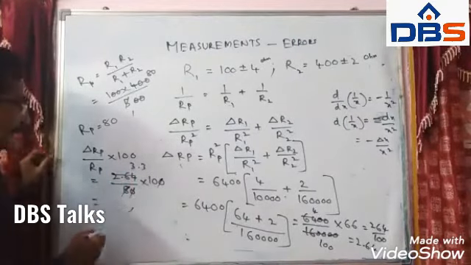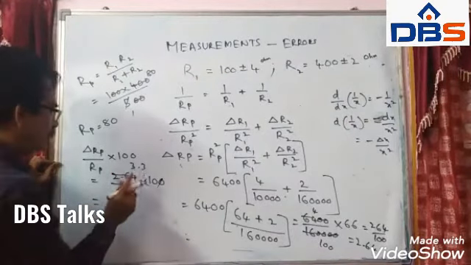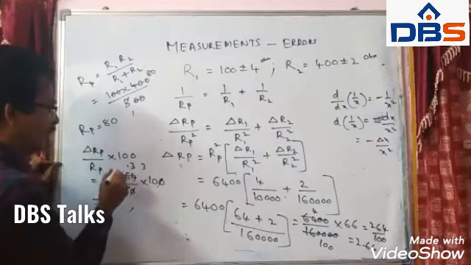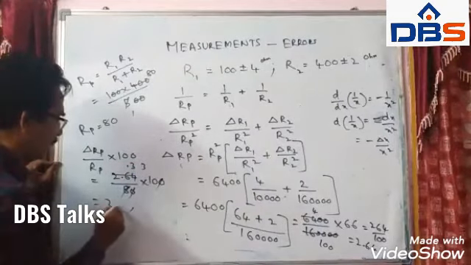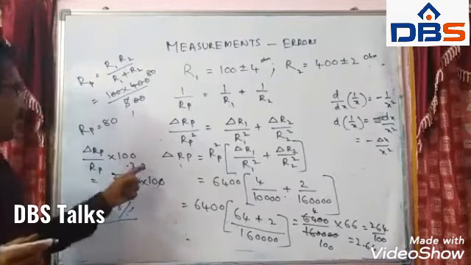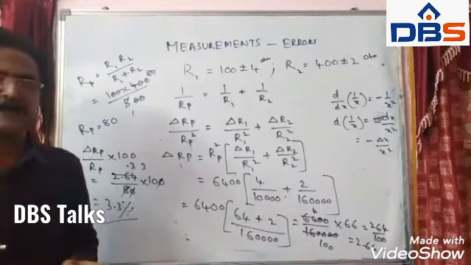So 0.33 into 10, 3.3%. The error percentage is 3.3%.